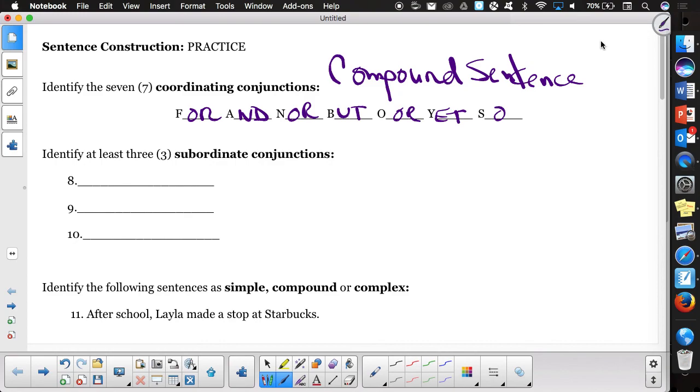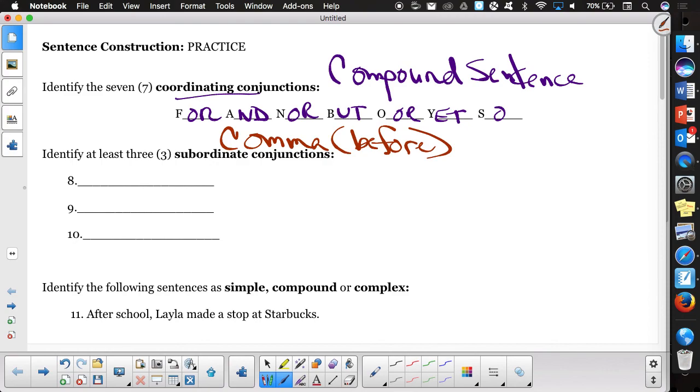I'm joining together 2 things. I'm using a coordinating conjunction. Thanksgiving is the best meal of the year, but I don't like the cranberry sauce. 2 simple sentences, joining them together. If I use a coordinating conjunction, what kind of punctuation do I need to go along with it? I need to make sure I have a comma. And the comma goes before the coordinating conjunction.